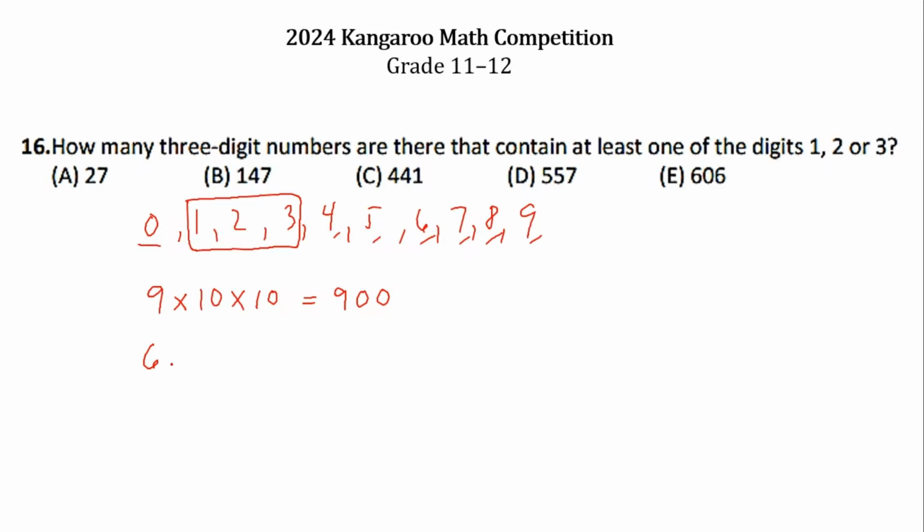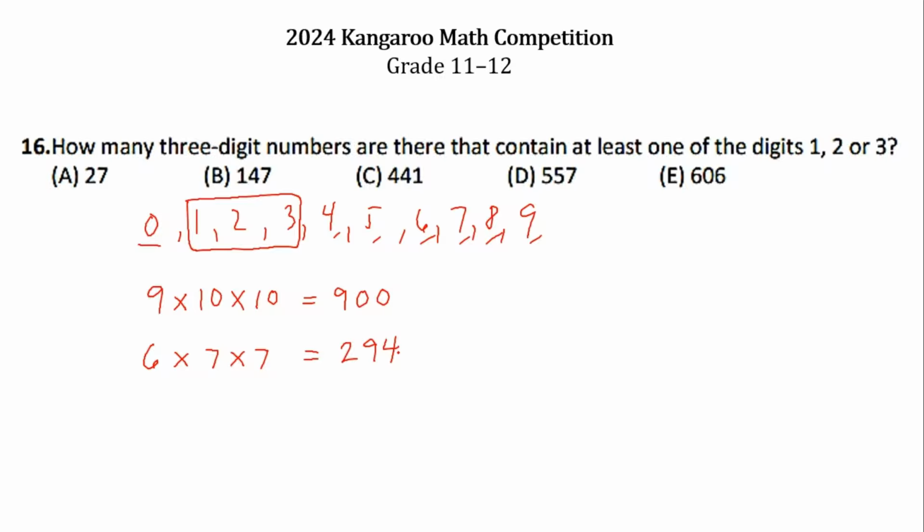But for the tens and units digit we can use 0, so we have 7 options for the tens digit and 7 options for the units digit. So this gives us 294 3-digit numbers that do not contain the digits 1, 2, or 3.